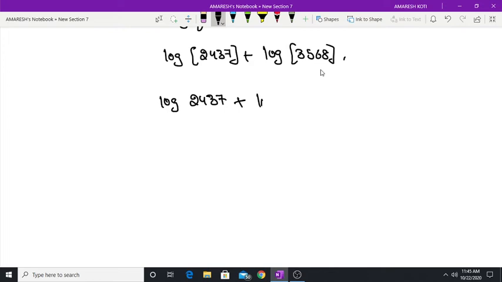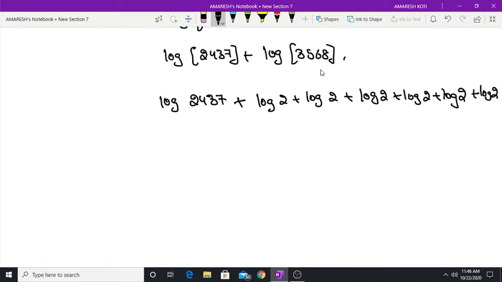So 2 power 7: log 2 plus log 2 plus log 2 plus log 2 plus log 2, 7 times we have to write it. 2, 3, 4, 5, 6, 7 plus log 31. If you multiply from here to here, you will get 3568. These are the factors of 3568, 2 power 7 into 31. Okay, simple.